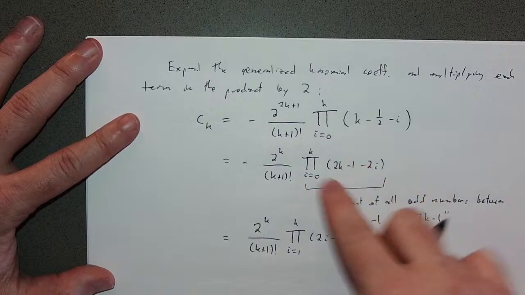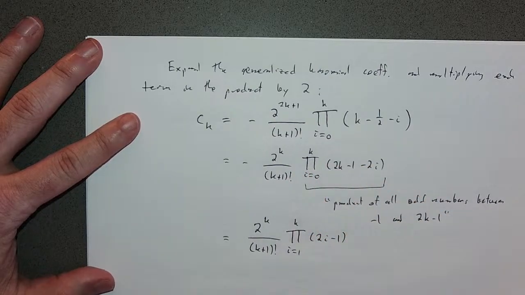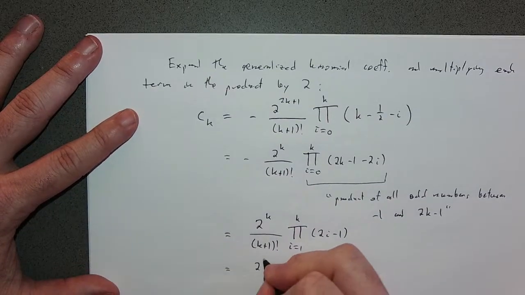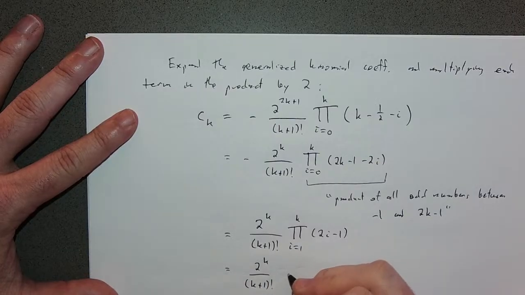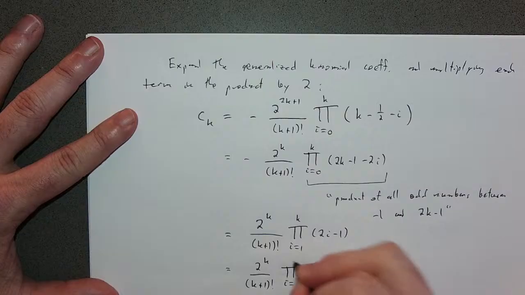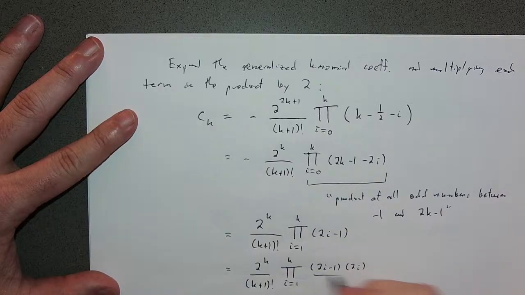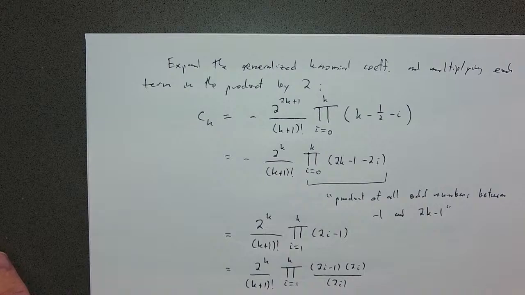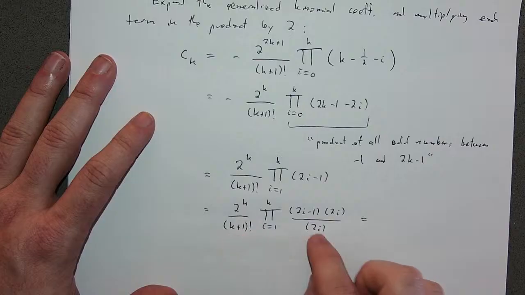This is just a better way of writing this product so that these are the exact same thing. Being clever about how we rewrite this, this is 2 to the k over k plus 1 factorial times the product from i equals 1 to k of, I'm going to write this as 2i minus 1 times 2i over 2i. Specifically, to move one of these things outside, I'm going to move this 2i in the denominator outside.